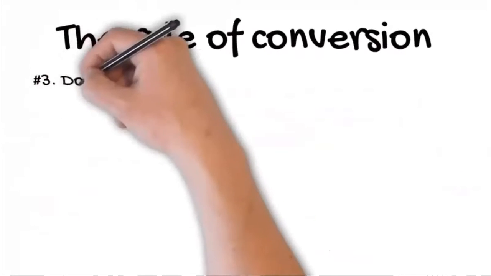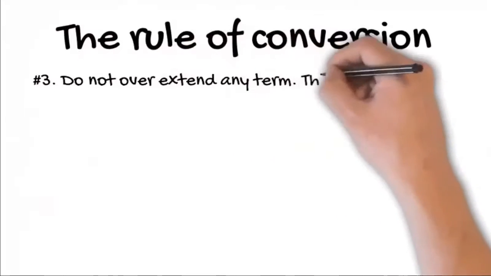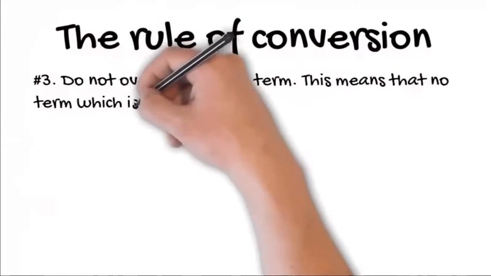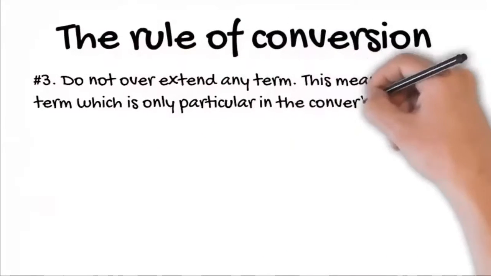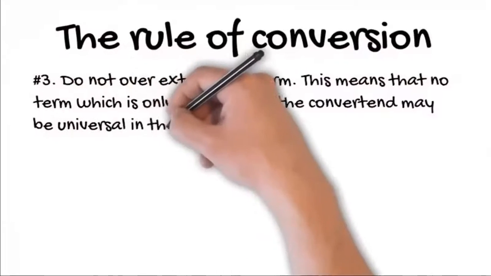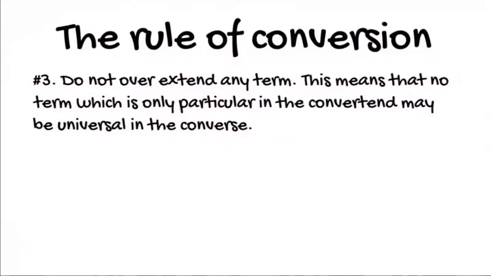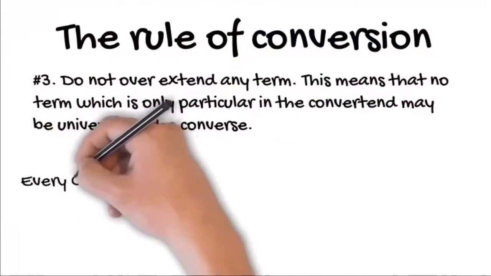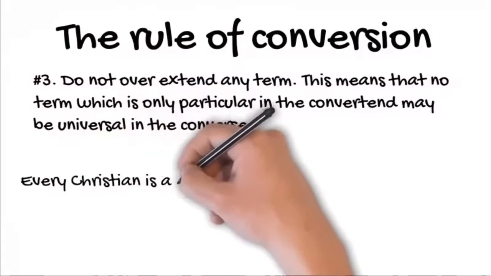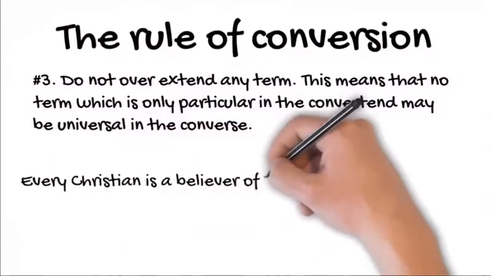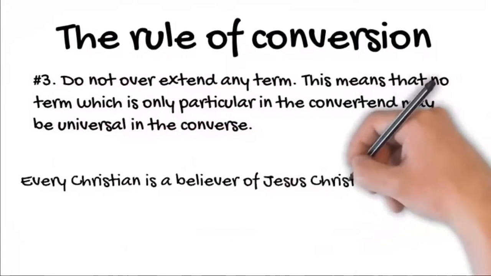Rule number 3, do not overextend any term. This means that no term which is only particular in the converted may be universal in the converse. For example, every Christian is a believer of Jesus Christ.